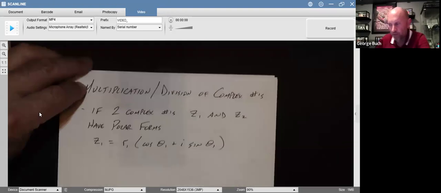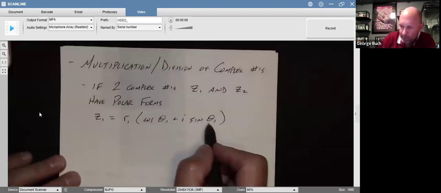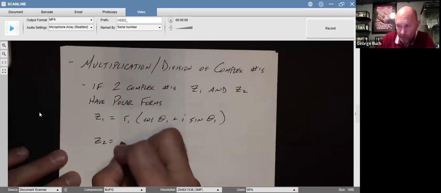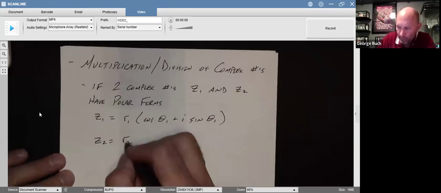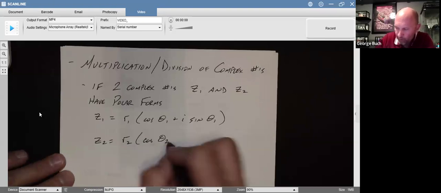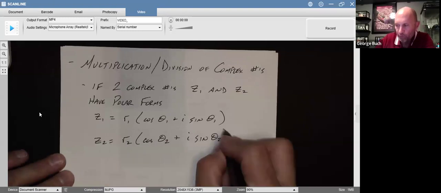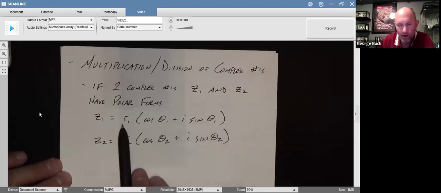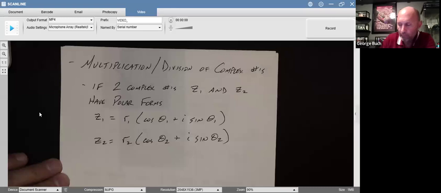So in this situation, these thetas are the same. And then z2 is r2, because that could be different from r1, and then cosine of theta 2 plus i sine of theta 2. So z1 and z2 are polar numbers, so they could have different r's and different thetas.